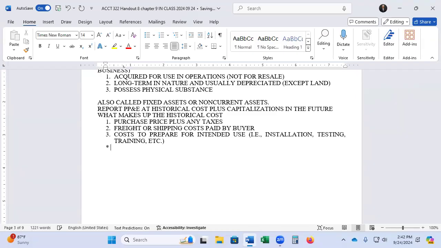Make a little note here. Historical cost does not include abnormal expenses.